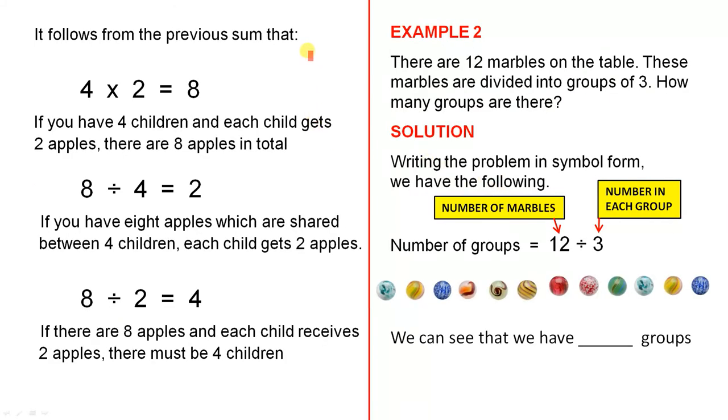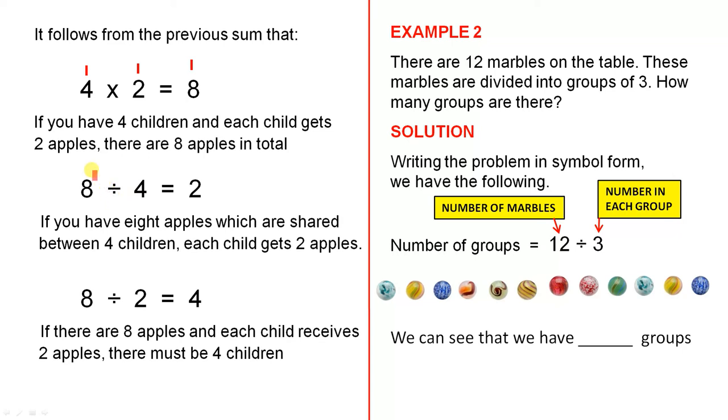It follows from the previous sum that 4 times 2 equals 8, and the meaning is if you have 4 children and each child gets 2 apples, there are 8 apples in total. 8 divided by 4 equals 2.